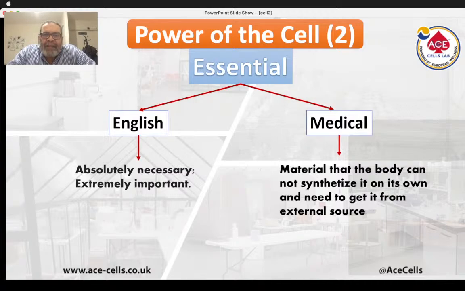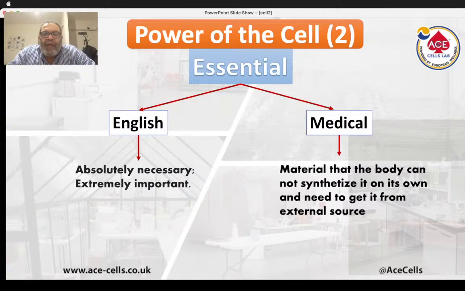If this polypeptide chain is absent, as happens in diabetes mellitus, the body cannot synthesize it on its own and it needs to be supplied from an external source. Because of its nature as a peptide, it cannot be taken by mouth; otherwise, it will be digested in the stomach and cut into basic amino acids.